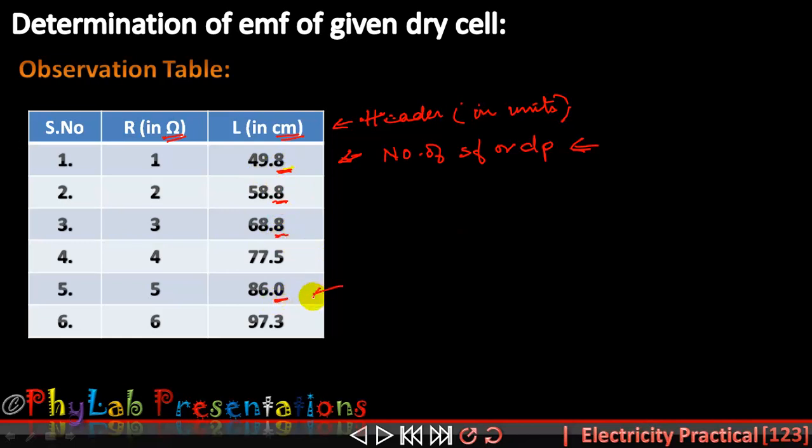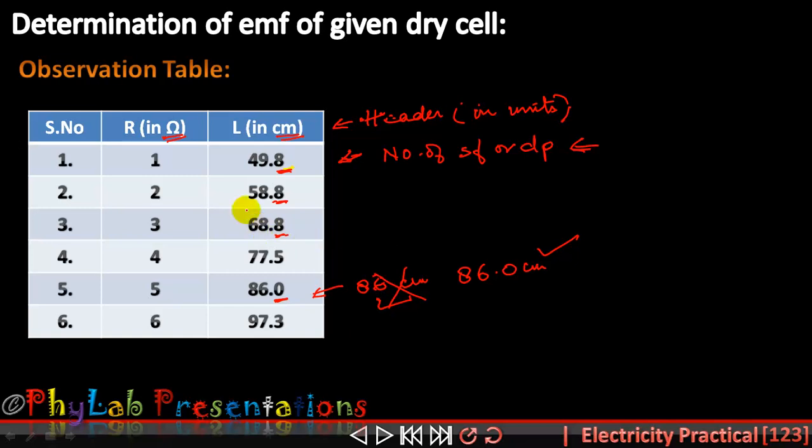What does a student normally do? They often casually write down this length as 86 centimeter rather than writing 86.0 centimeter. Now this is a blunder, so take care. This is not allowed. This is how you should write it down. This is one of the common mistakes that you can make in any observation table.